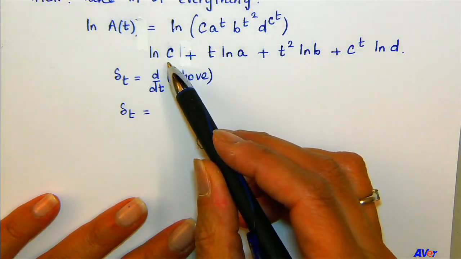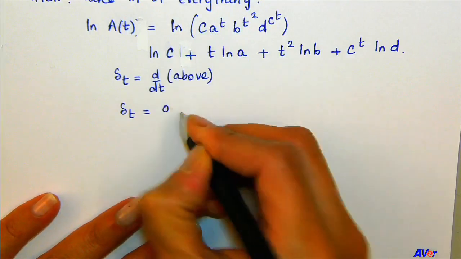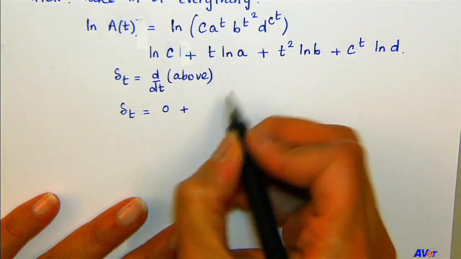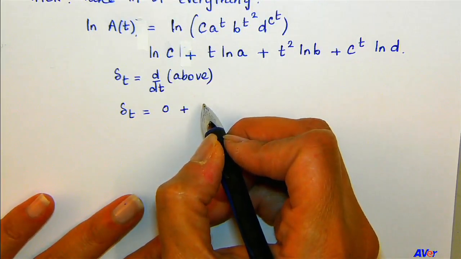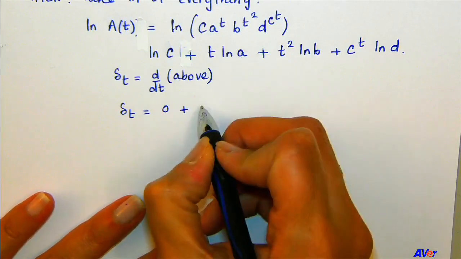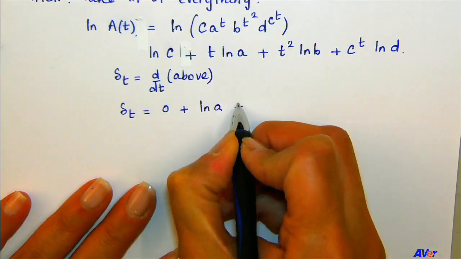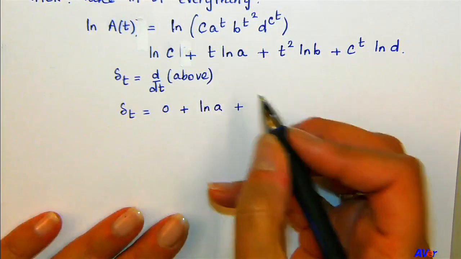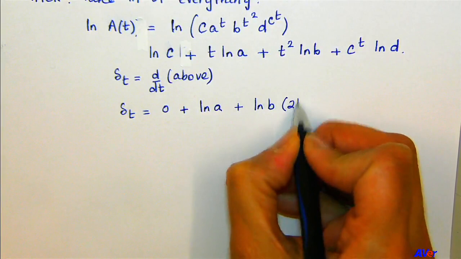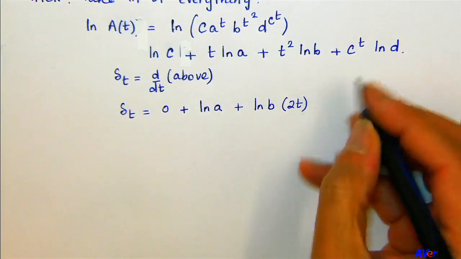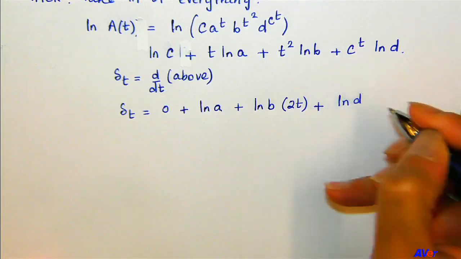Ln of c, that's a constant, so the derivative with respect to t is 0 plus, ln a is a constant, so it's ln a, plus, ln b is a constant, pull it out, times 2t, plus ln d is a constant, pull it out.